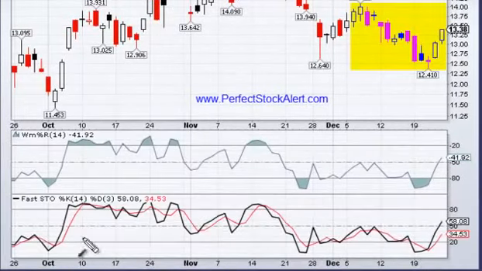Here we're looking at the two different indicators side by side. What the Williams percent R really is, is very simply the percent K of the fast stoch. It's identical.